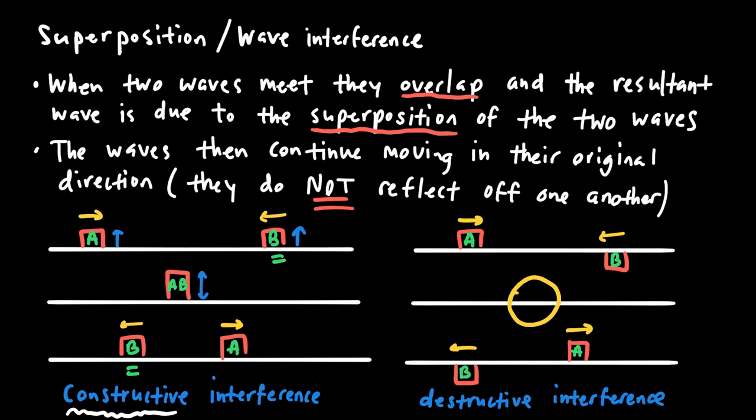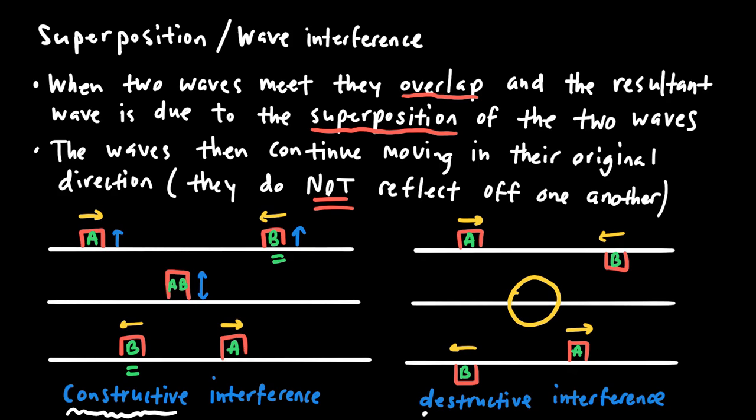But that didn't mean that the waves went away. After they overlap, they continue moving on in the same direction that they were traveling. And so they didn't go away, they just momentarily overlapped, and the superposition of those two wave pulses, the resultant wave, was that they canceled. But after they continue moving past one another, B is still on the bottom, A is still on the top.